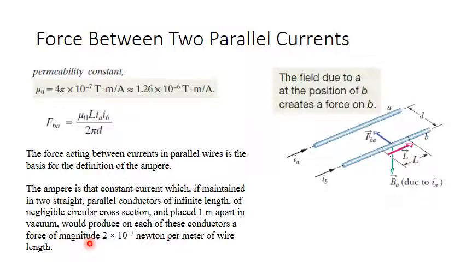So we have introduced here the definition of the ampere, or the unit of the current, in terms of the unit of force, Newton, and the unit of distance, meter.